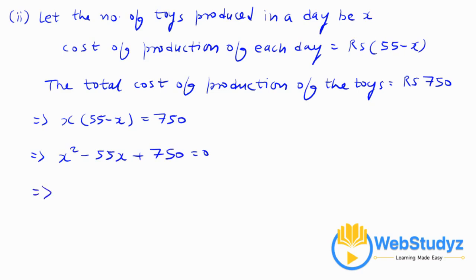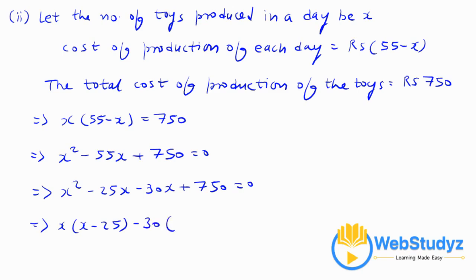As this is a quadratic equation, we can split the middle term as x square minus 25x minus 30x plus 750 equals 0. We can take x common, inside we get x minus 25. Here also we can take minus 30 common, inside we get x minus 25. So the factors will be x minus 25 and x minus 30 equals 0.